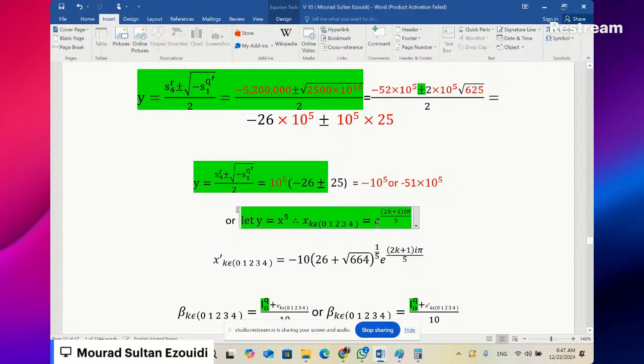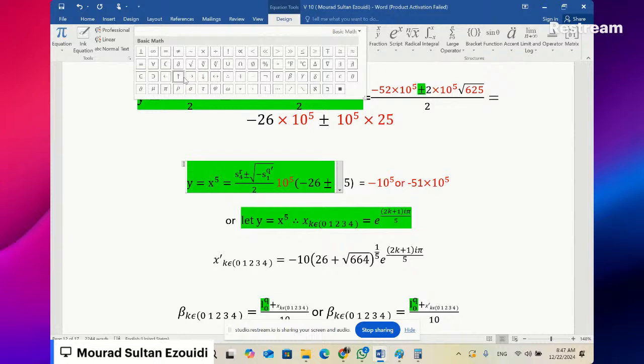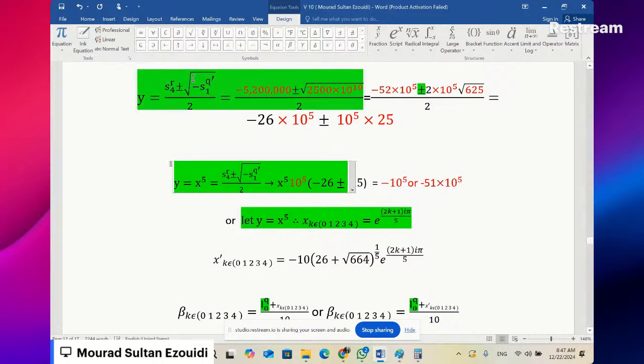Ignore this step. So we call x5, this is y equal x5 of course. And here, y equal x5 means that this implies that x5 equal this.